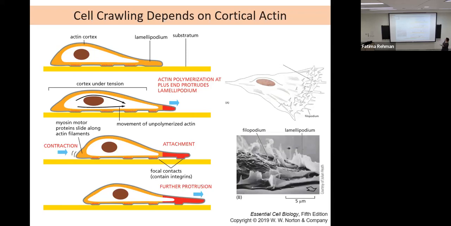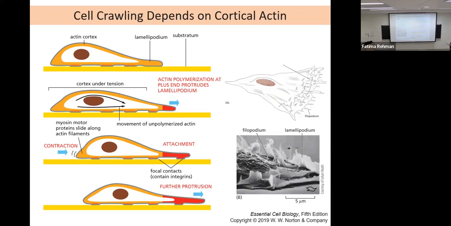So the area which has the activated plus ends, that's the direction in which the cell is going to end up moving. As these grow, it causes tension on the remainder of the cell, causing it to move towards the site where the actin fibers are growing. So it keeps moving it towards that site.